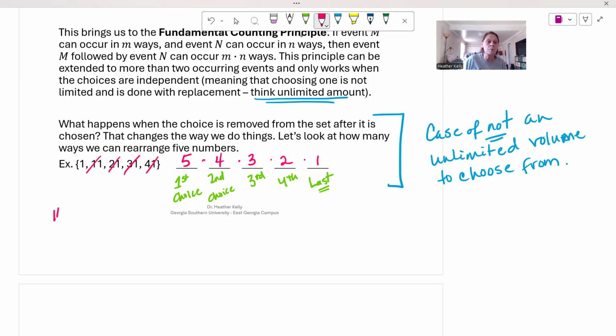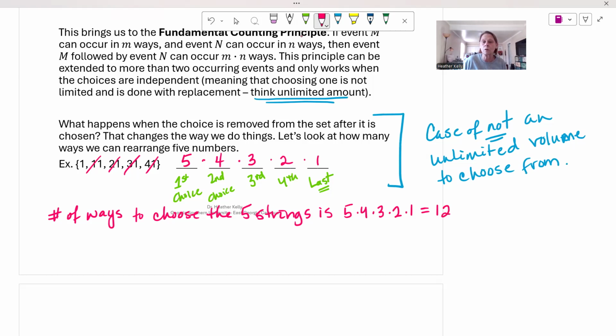And so the number of ways to choose the five strings is 5 times 4 times 3 times 2 times 1. So 20 times 3 is 60, times 2 is equal to 120 ways.